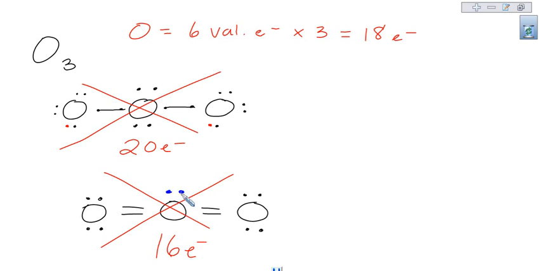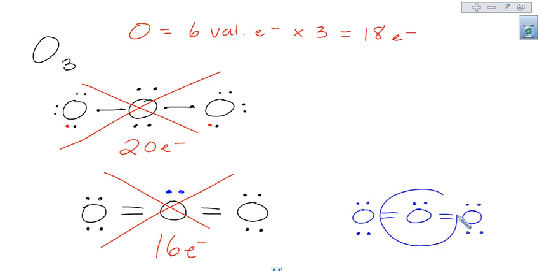So they would have drawn something that looks like this, where they were like, oh, wait a second, I have another electron pair. I'll throw it on that central oxygen. But do you see why this one is also not acceptable? This, sad face. Oxygen can only take an octet.